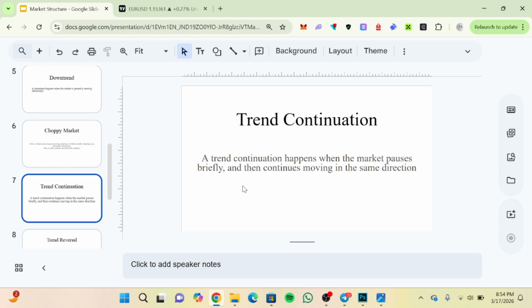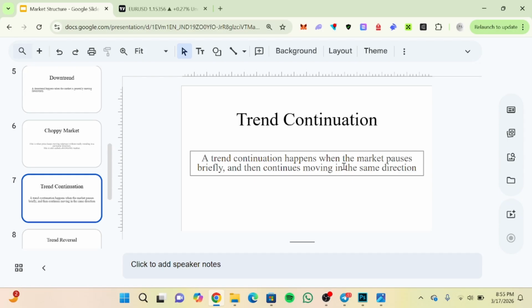So a trend continuation happens when the market pauses briefly and then continues moving in the same direction. Yeah, so just think of it as inhaling before exhaling. The pullback before the momentum.